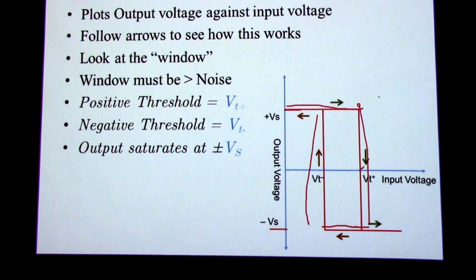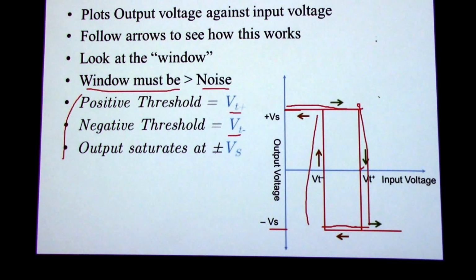We have seen them on different occasions in magnetics and many other applications. So we know what it is, but they have some criteria. Every hysteresis is defined by three terms: a positive threshold, a negative threshold, and the output saturations, plus Vs and minus Vs. However, one important thing is the window must be bigger than the noise.